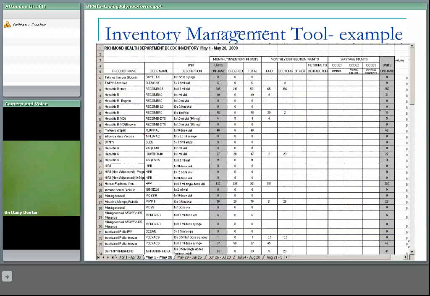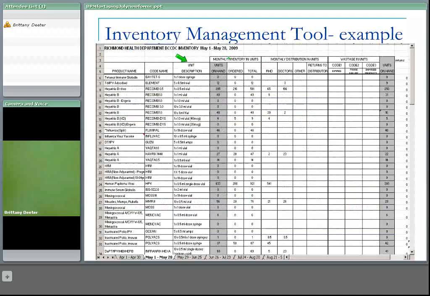Next slide. This is an example of an inventory management tool that was used in Richmond from the Richmond Health Department, and I'd like to thank them for letting me use this in the presentation. This was a BC CDC inventory printout, I think, that was done obviously for May of 2009. You can see all of the things that we talked about. So they're talking about how many units they have on hand, how many they're going to order, and then what their total monthly inventory in units is going to be.